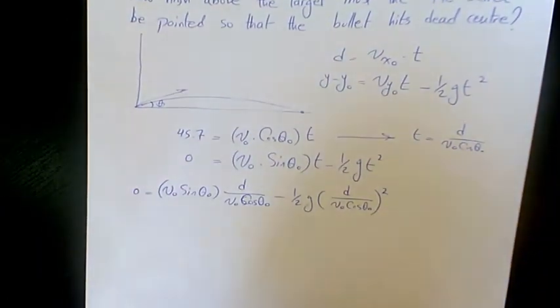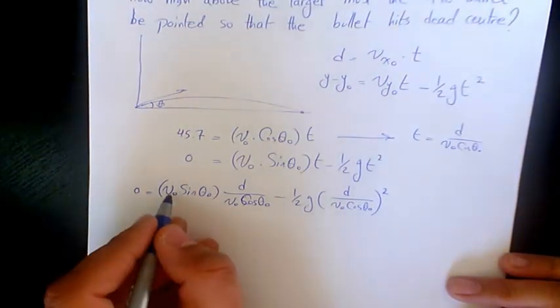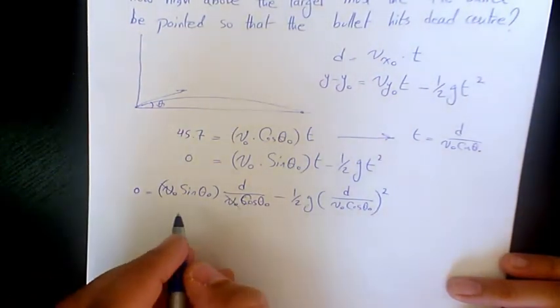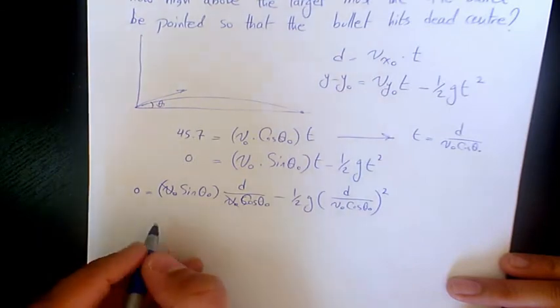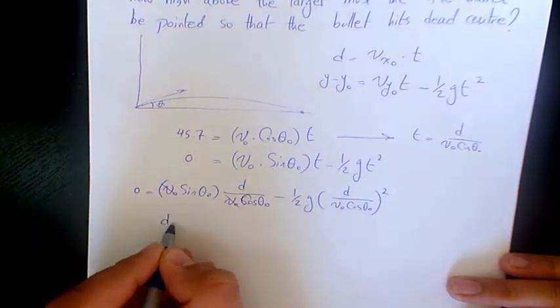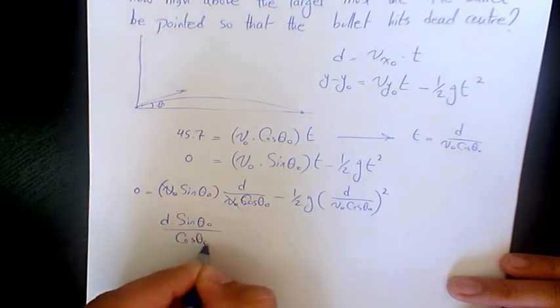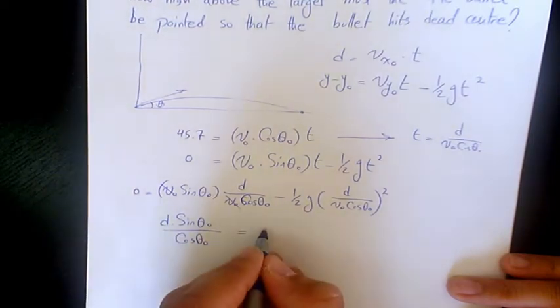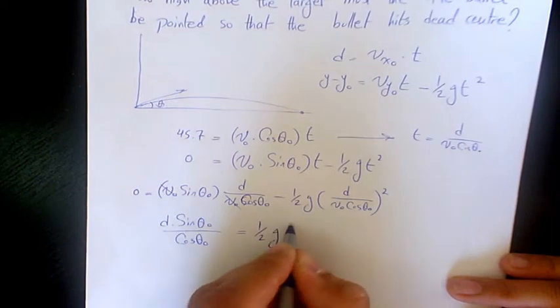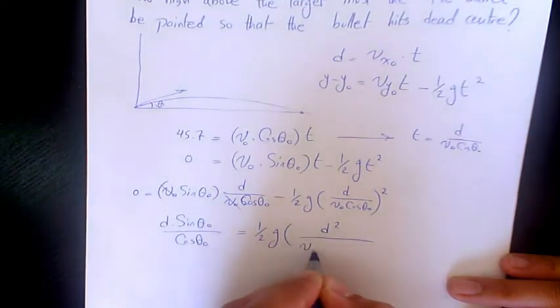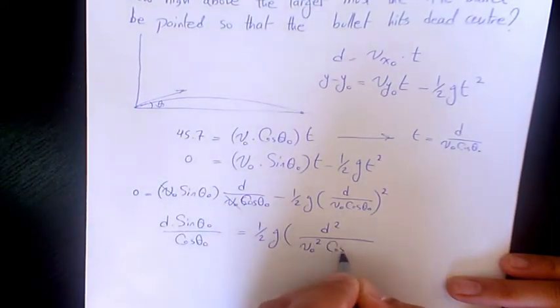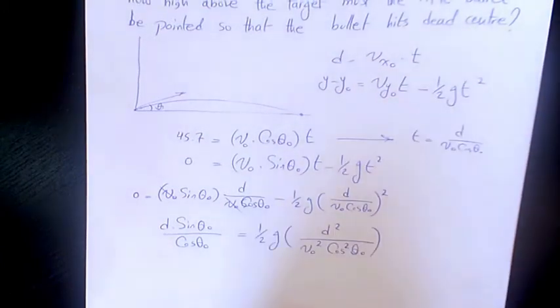Then these two cancel out, and we have d times sine theta_0 divided by cosine theta_0 equals 1/2 g d squared over v_0 squared cosine squared theta_0.